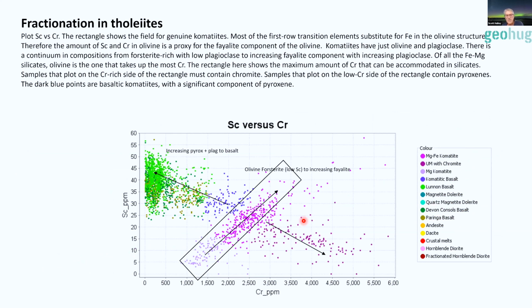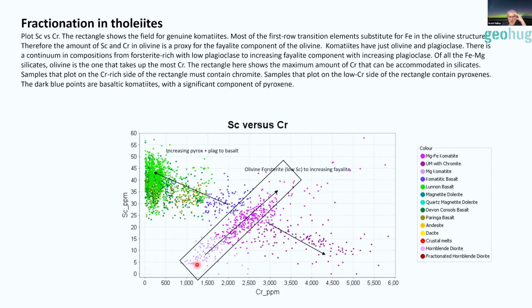Rather than looking at the major elements, I'm going to look at trace elements again, because they're far more informative about fractionation processes. If I plot scandium versus chrome, these are all the komatiites in this box, going from high Mg komatiites to increasing iron content.